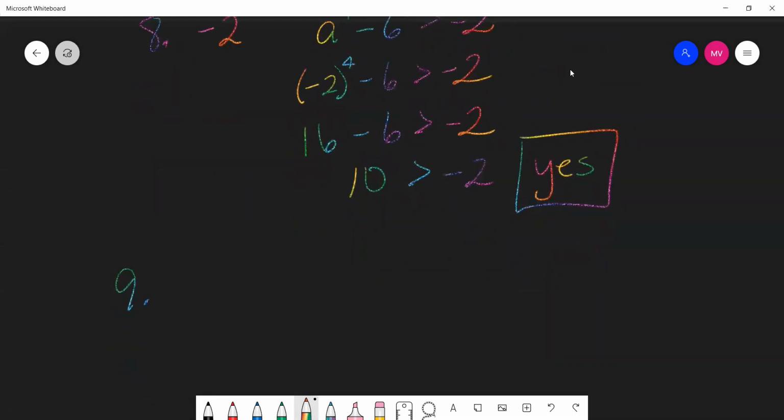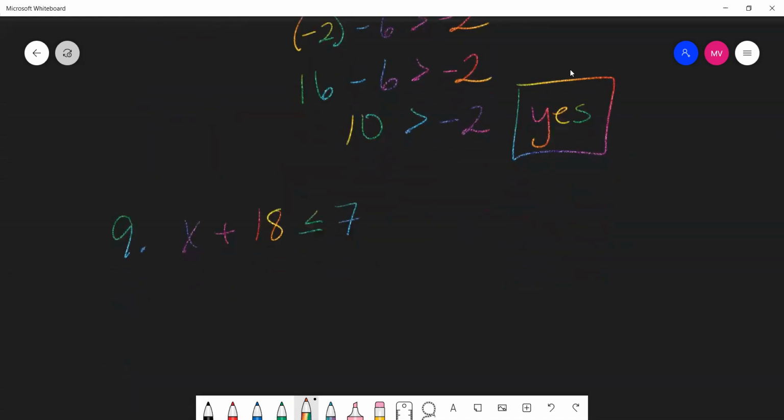All right, number 9. So 9, 10, and 11, we need to solve for the inequality, and then we need to graph. So x plus 18 is less than or equal to 7. All right.